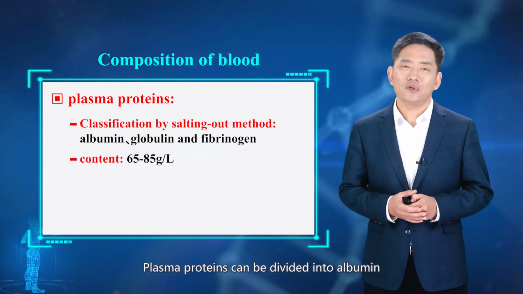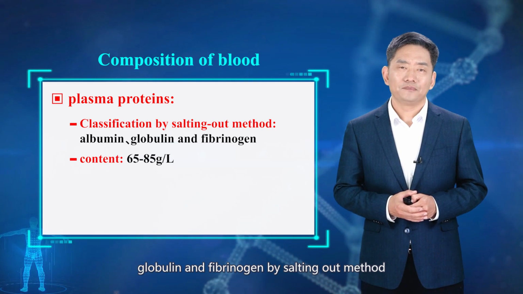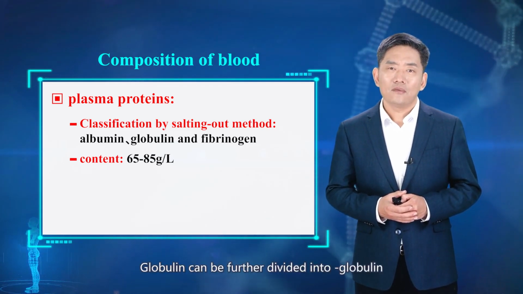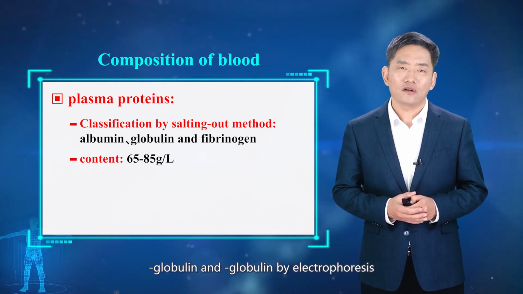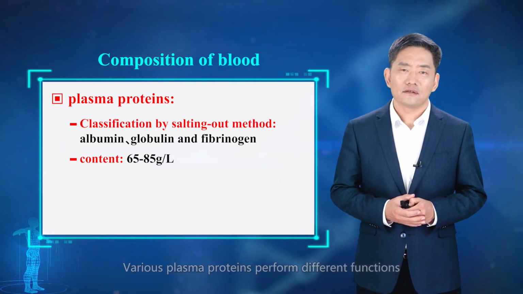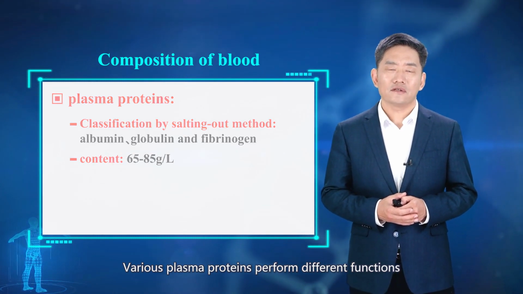Plasma protein can be divided into albumin, globulin, and fibrinogen by the salting out method. Globulin can be further divided into alpha globulin, beta globulin, and gamma globulin by electrophoresis. Various plasma proteins perform different functions.